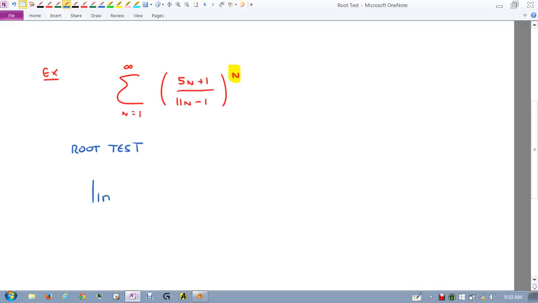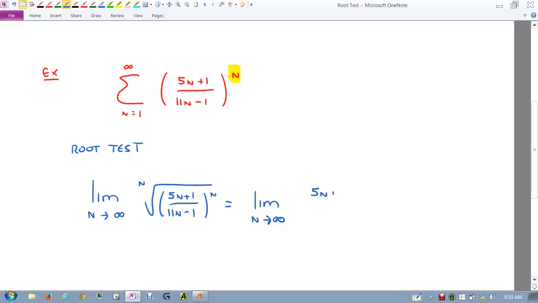Take the limit, n goes to infinity, of the nth root of (5n plus 1 over 11n minus 1) to the nth power. It says to take the absolute value, doesn't it? But I don't need to take the absolute value here because it's already a positive term, right? 5n plus 1 over 11n minus 1 will always be a positive number. So this is just the limit as n goes to infinity of 5n plus 1 over 11n minus 1.